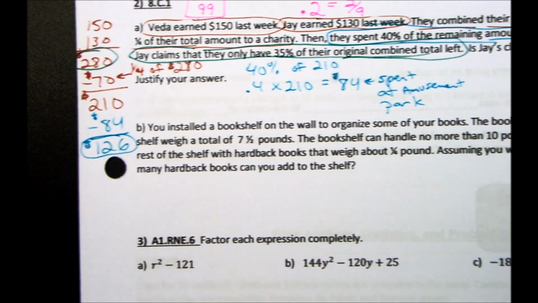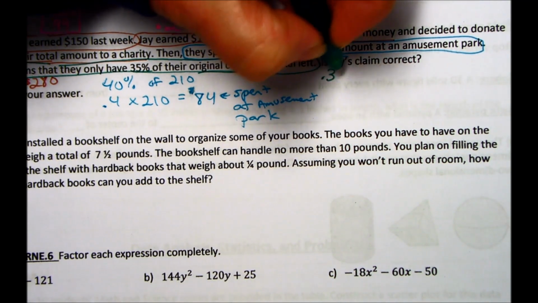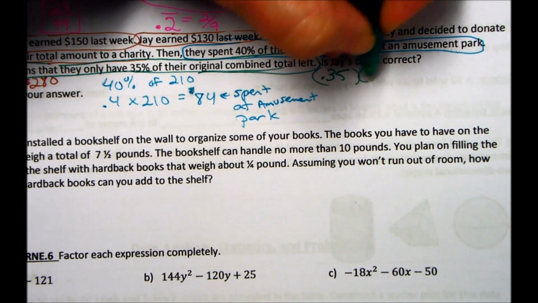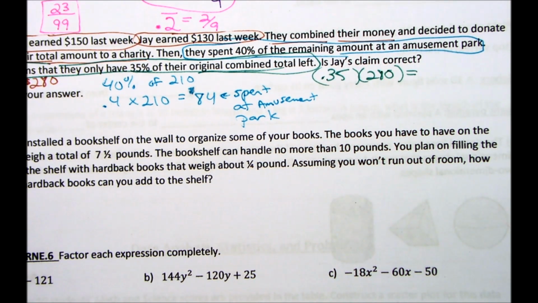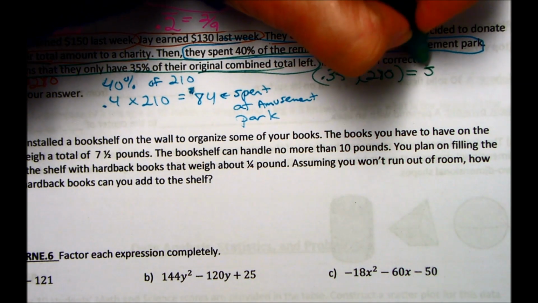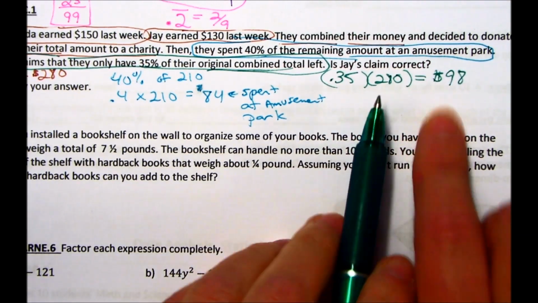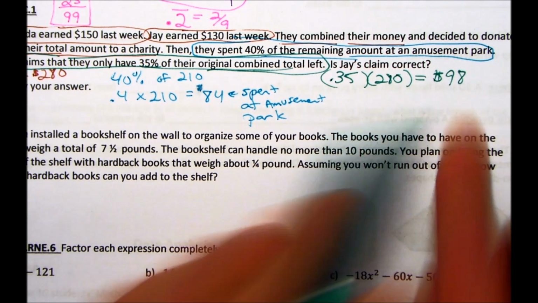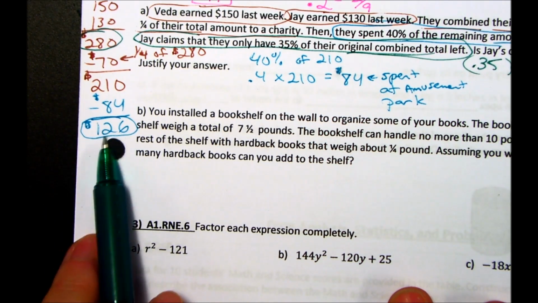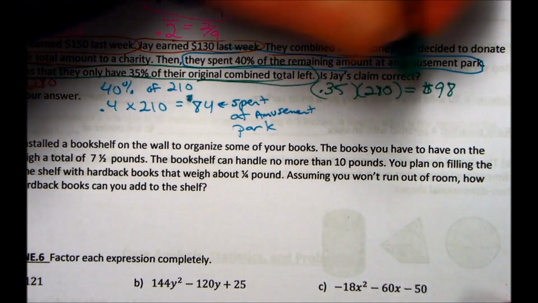So if we try to figure out what 35% of 280 is, you could take 0.35 times 280, and that's going to equal $98. So Jay claims that they have only 35% of the original amount, which would be $98. But that is not true. They actually have $126 left. So is Jay's claim correct?